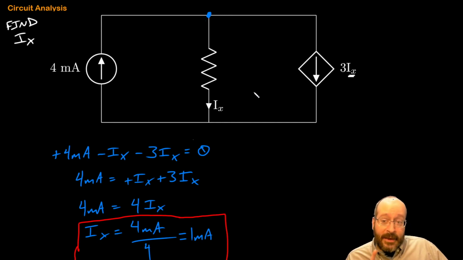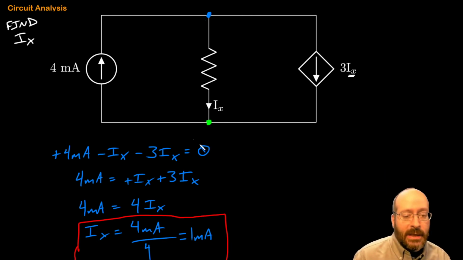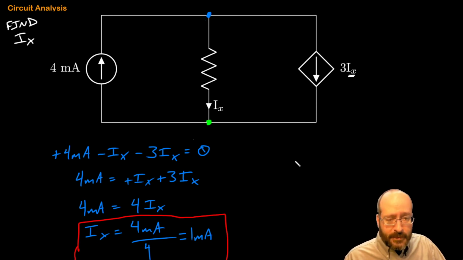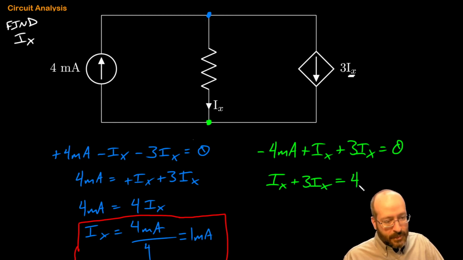So let's play that game again with the bottom node, and you're going to get the same result. Pick a node, go with it. It doesn't matter. From the green node, 4 mA is leaving. IX is entering, and plus 3 IX is also entering, and that's 0. So let's bring the 4 mA over this time, and I get IX plus 3 IX equals 4 mA.